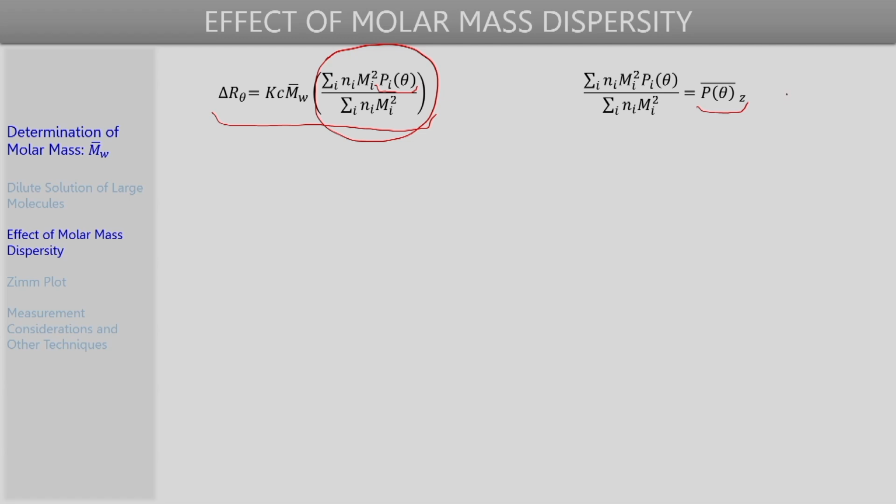If you recall, the z average molar mass that we had defined as summation Ni Mi cube by summation Ni Mi square.